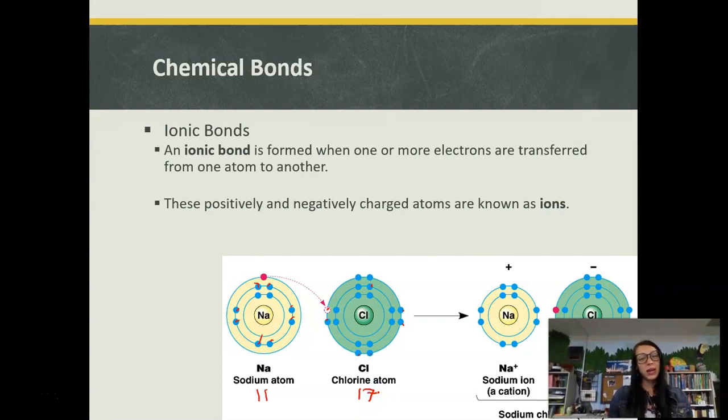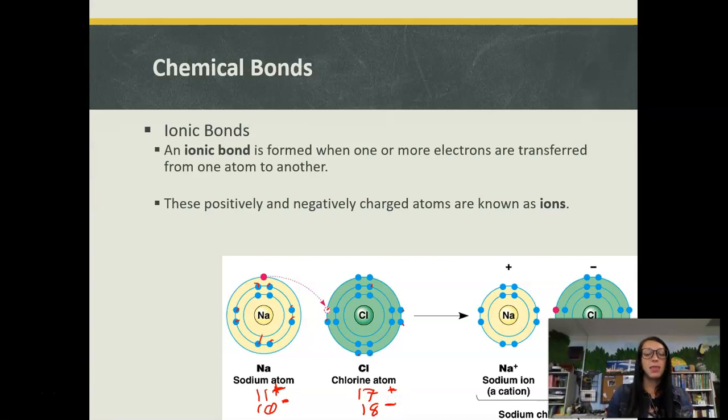So if sodium gives an electron away, it's going to become slightly positive. That's because it's now going to have 11 protons, but it's only going to have 10 electrons because it gave one away to chlorine. Chlorine, on the other hand, is going to have 17 protons, but it's going to have 18 electrons because it gained one.